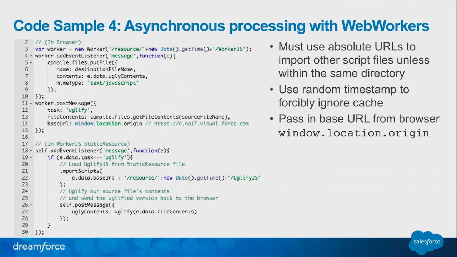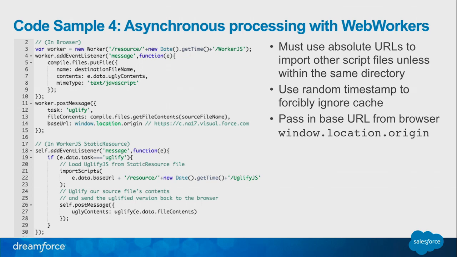line 22, I'm sticking in new Date().getTime in between my resource and my resource name. The reason I'm doing that is it forces Salesforce to not return a cached result. That's not necessary when you have a final version and it's all set, but when you're developing, this will drive you nuts unless you do this.